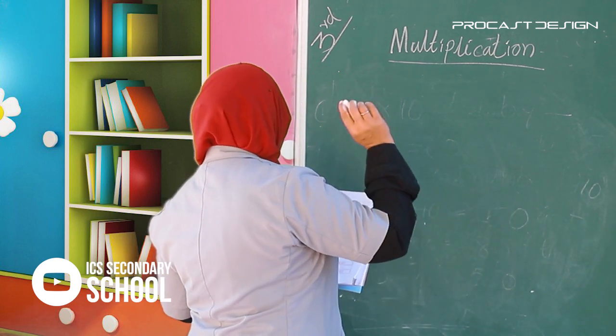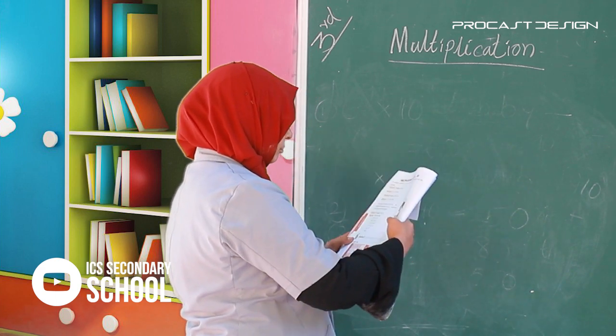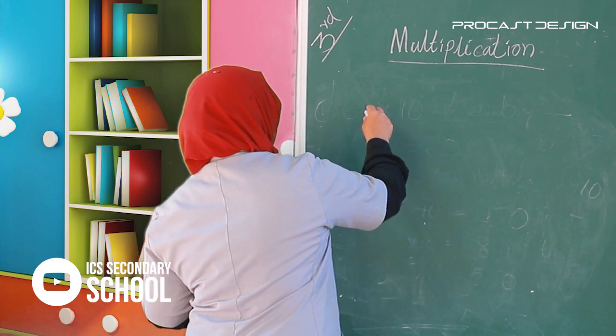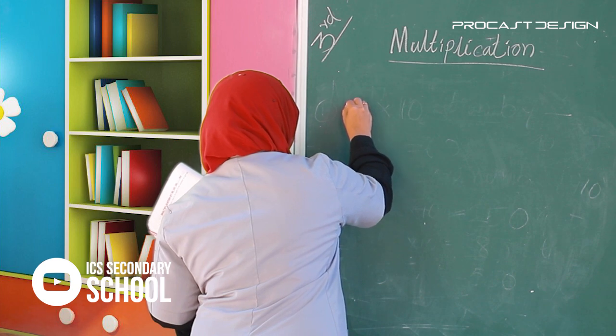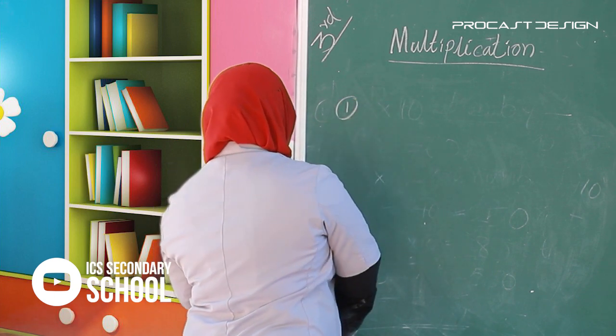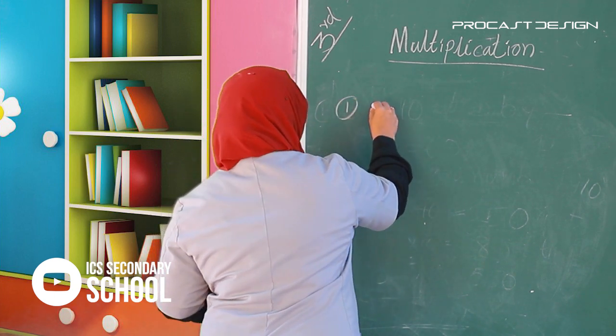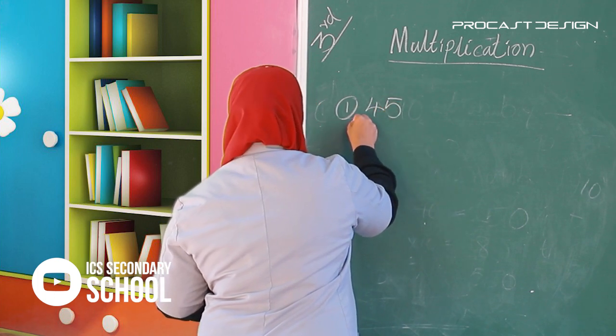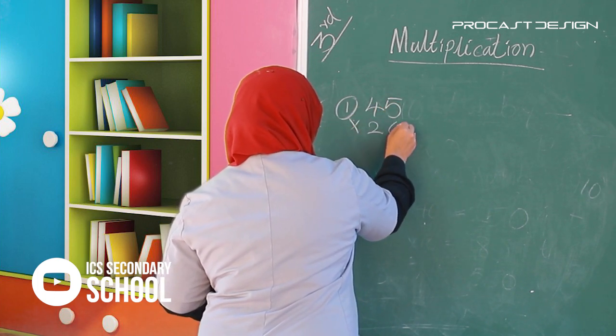Okay. Next, multiplying by 20. Multiply by 20. Listen. 45 into 20.